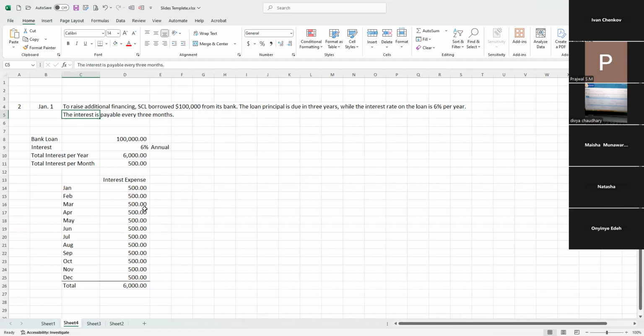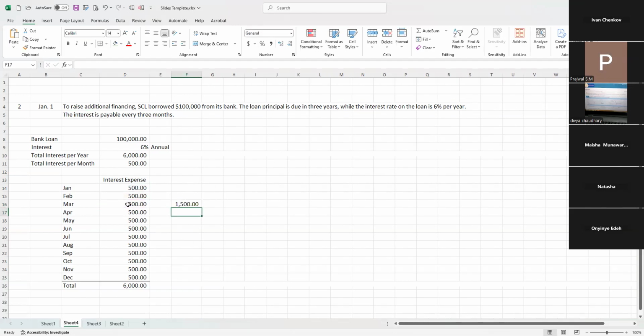So the first payment is 1,500. We get January, February, and March, and at the end of March, we're gonna pay this one. Then at the end of June, another one. End of September, another one. End of December. Four times a year. Make sense? Correct.